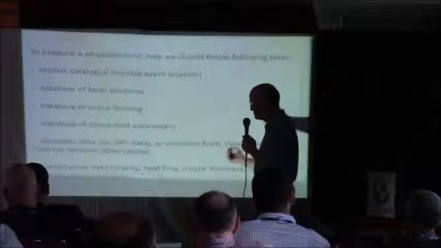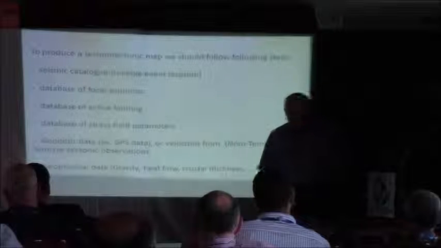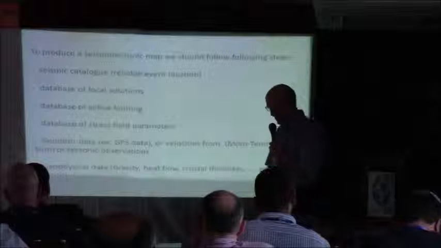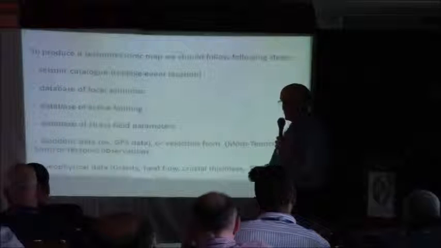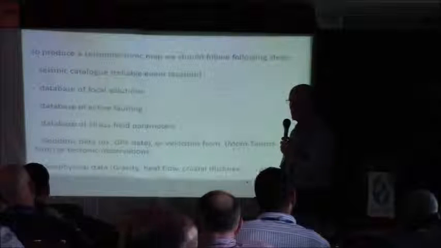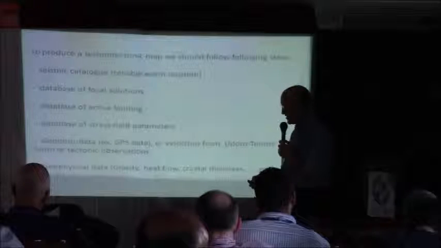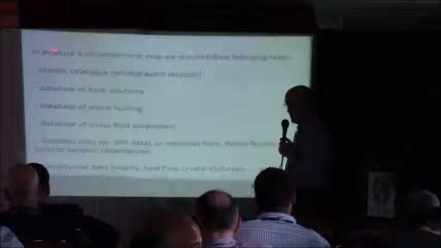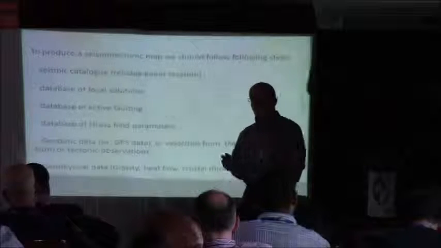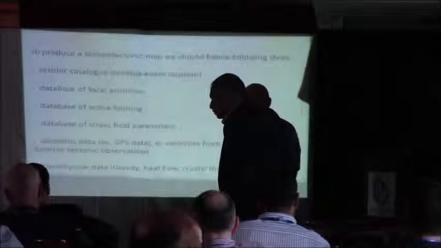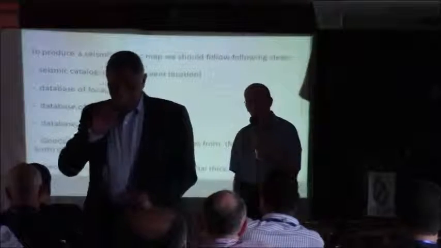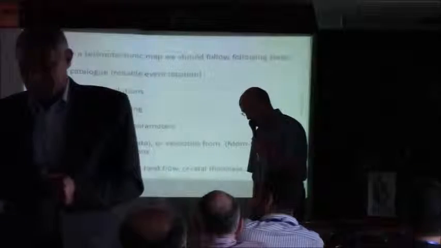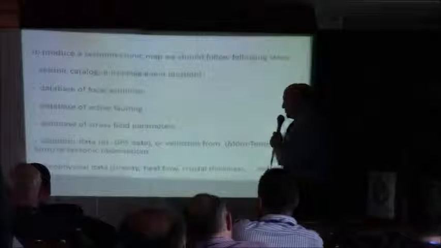Mustafa before gave more detail about how we produce the map generally, but here I'm just giving you an indication. We need a complete earthquake catalog, especially with reliable locations, not only a listing of epicenters, but we have to check the localization of the various epicenters that we are going to show on the map.